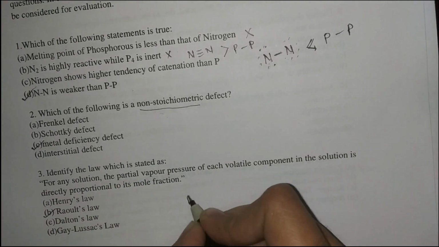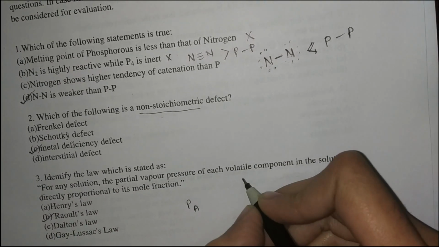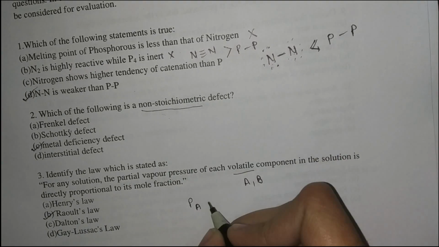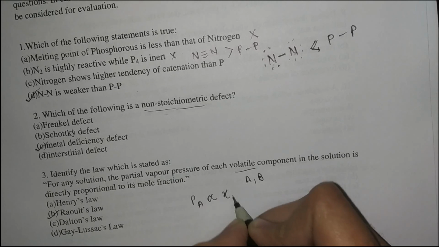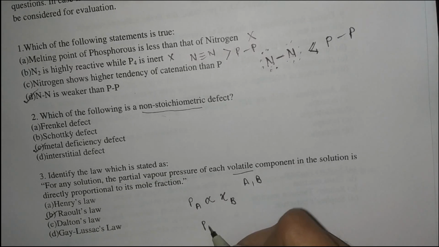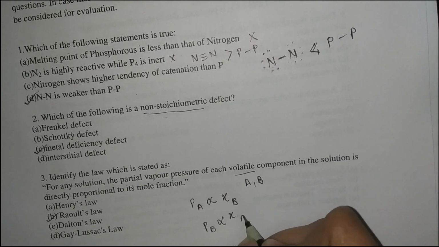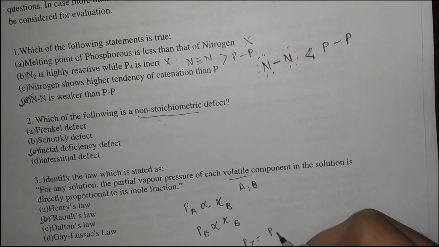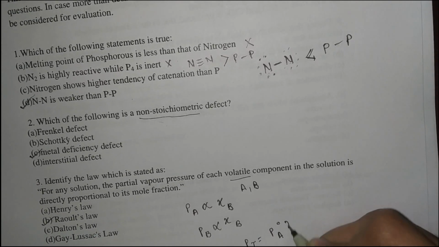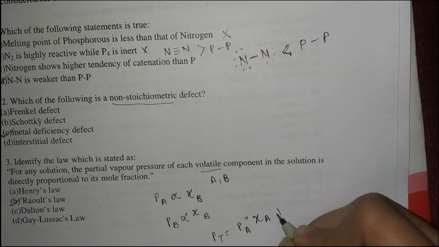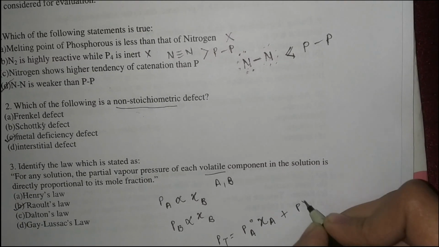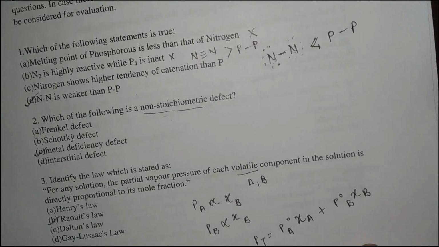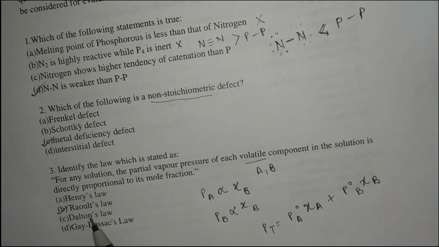Raoult's law states that for any state, let's say there are two volatile components A and B. So for each volatile component in the sample, its partial vapor pressure will be proportional to its mole fraction. And so the total pressure is the combination of these partial pressures. This is what Raoult's law states. So the answer is B, Raoult's law.